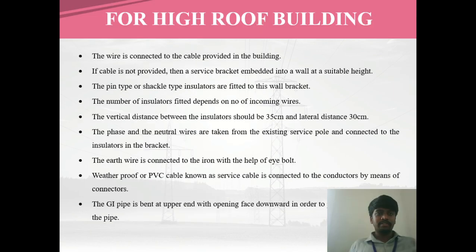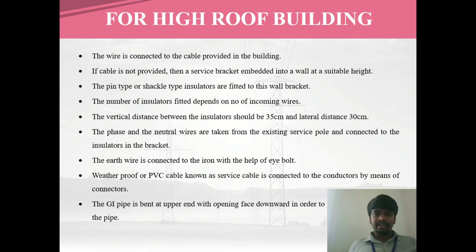Myself Shivanth, and I am going to explain the overhead connections for high roof buildings. The overhead wire will be connected to the cable provided in the building itself. If the cable is not provided, then we can use a service bracket embedded into the wall.